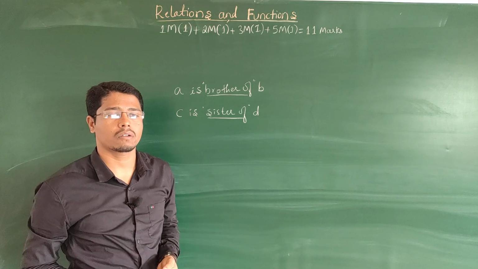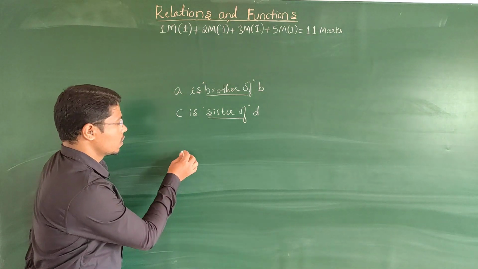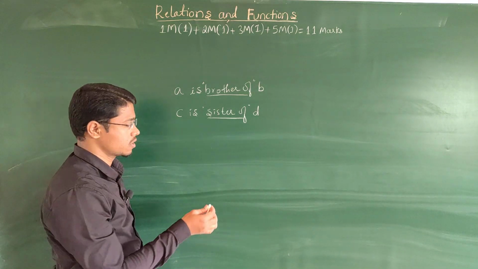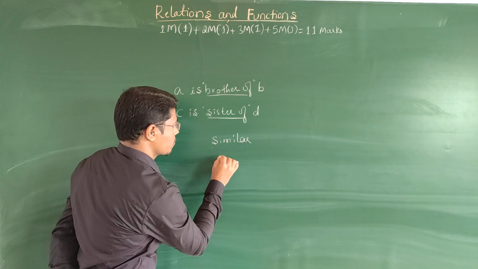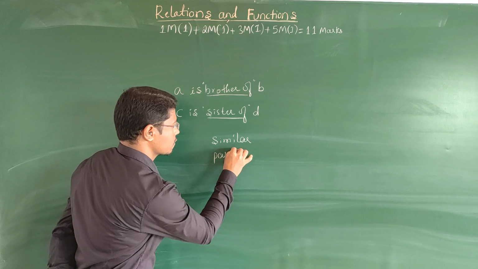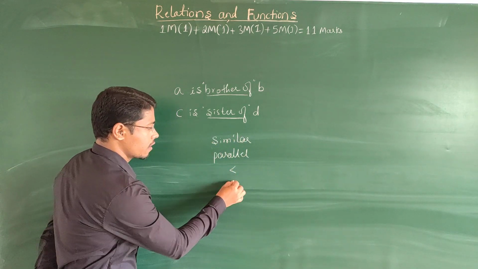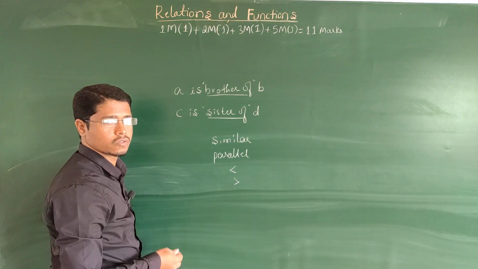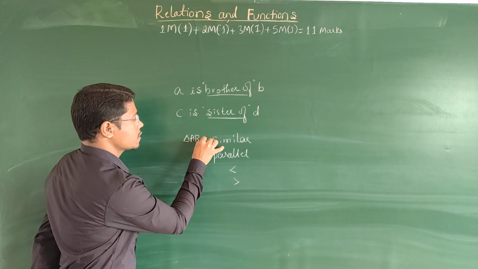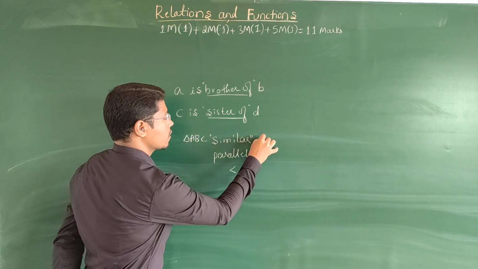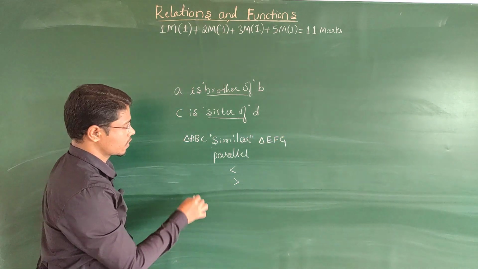When we come to mathematical relations, we know the terms similar, parallel, less than, greater than, and so many more. Triangle ABC is similar to triangle EFG.